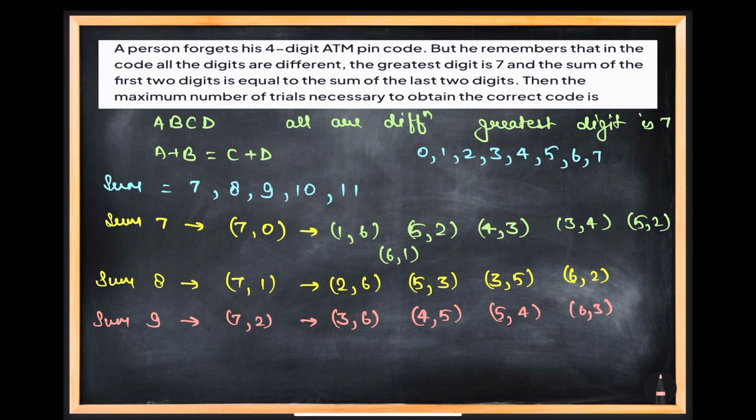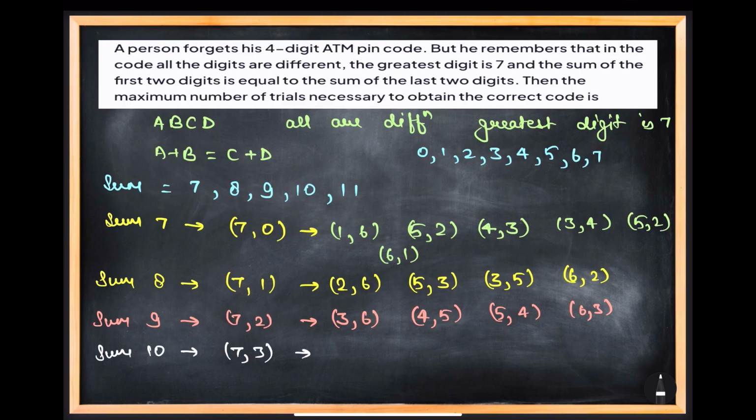Now look at this. Wait a second. Sum is 10. So 7 and 3; we cannot repeat the numbers. Okay, that's why we are doing this.